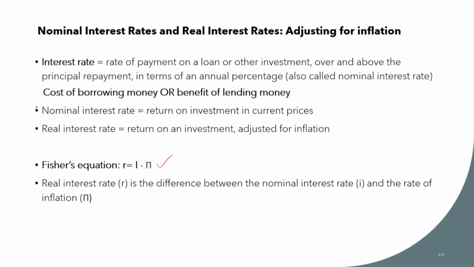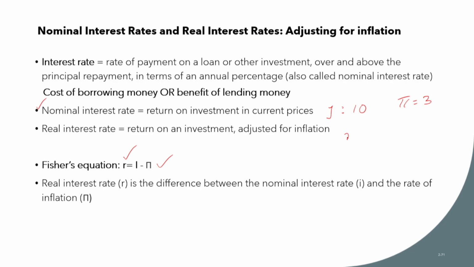Before that, nominal interest rate is the return on investment in current prices, and real interest rate is the return on an investment adjusted for inflation. So using Fisher's equation, we can calculate the real interest rate. Real interest rate is nominal interest rate minus inflation. Suppose the nominal interest rate is, for example, 10%, and inflation is, for example, 3%.